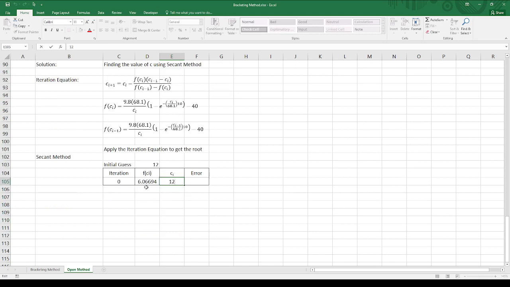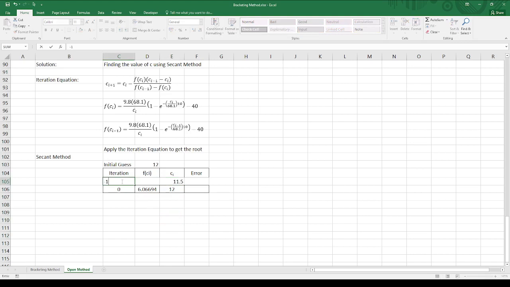Then we need to have at least two backward values. Let's say backward value is 11.5.